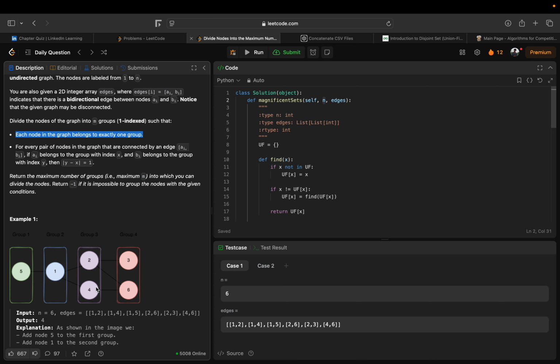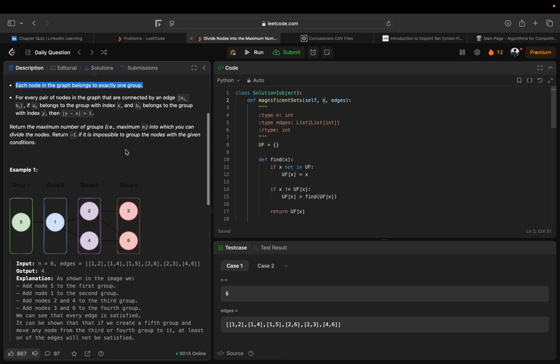So the difference between the groups of two connected nodes should always be 1, right? And if it is not possible, then we have to return -1. So this is the question.